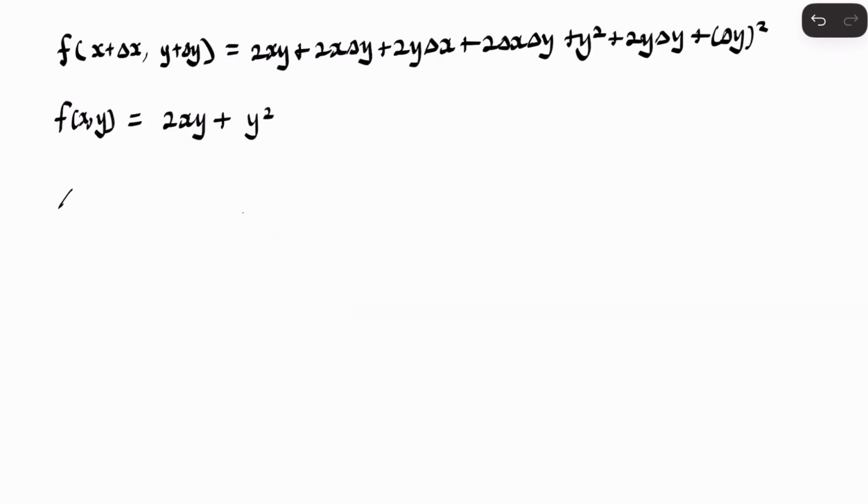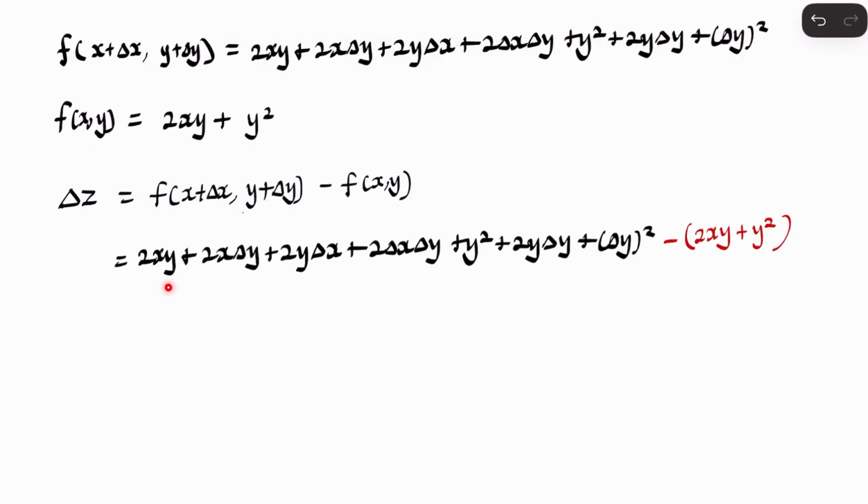The increment delta z is f of (x plus delta x, y plus delta y) minus f of (x, y). So we have this giving us this, and f of (x, y) giving us this. We just have to substitute, then simplify. Substituting gives this expression. Now let's distribute the minus through and simplify.